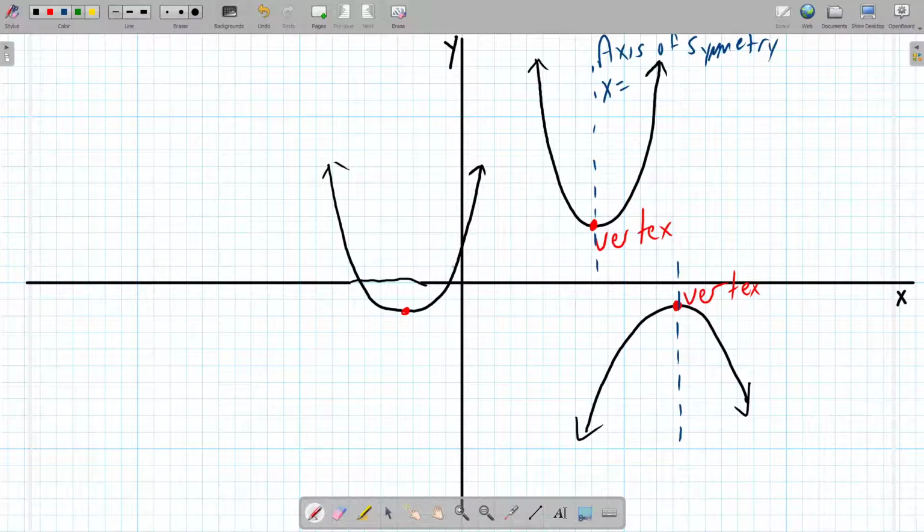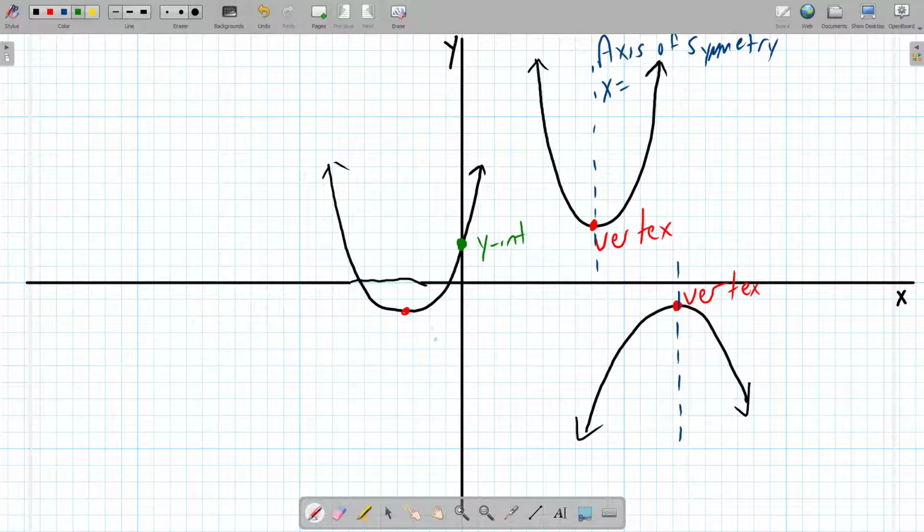There is a point, one point, and only one point, where this parabola crosses the y-axis. That point will be the y-intercept. Every parabola will have a y-intercept, just like every parabola will have a vertex and an axis of symmetry.